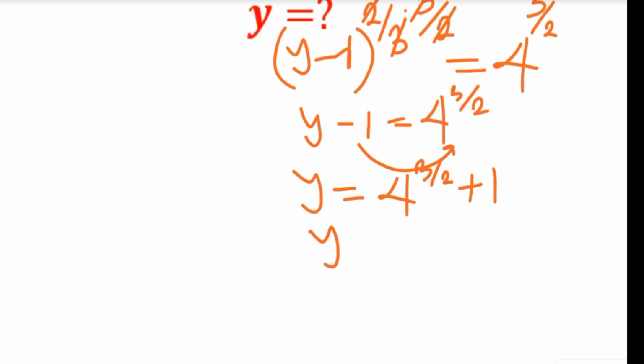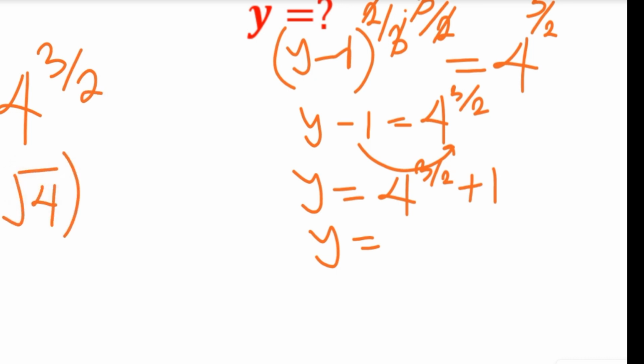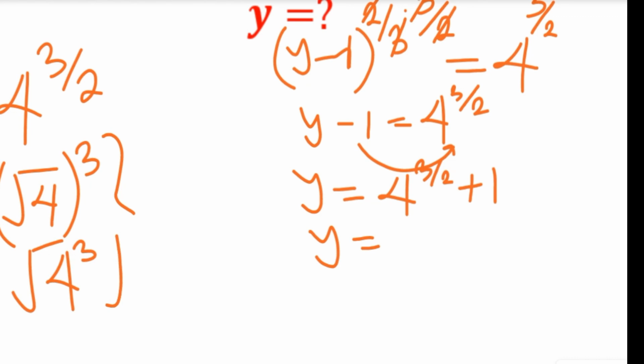If we simplify this, there are two ways we can go about it. We either find the square root of 4 and then raise everything to the power of 3, or we raise 4 to the power of 3 and then find the square root. Whichever method you use, you're going to get the same value.